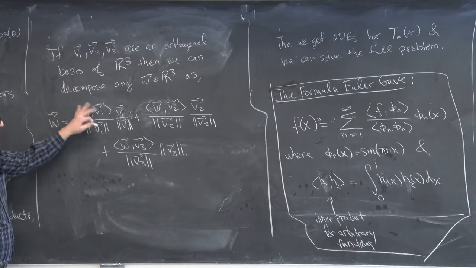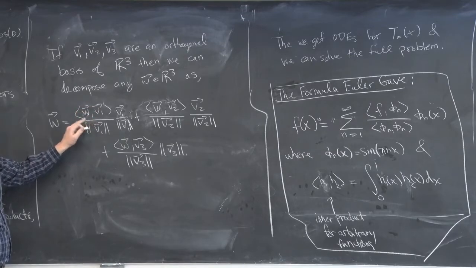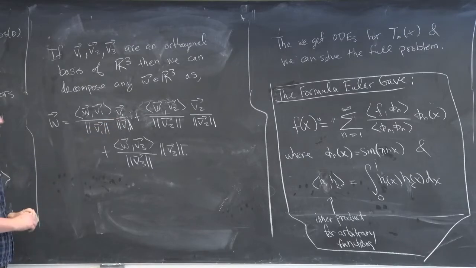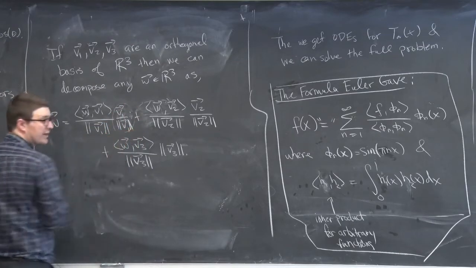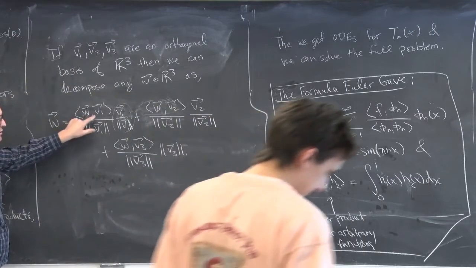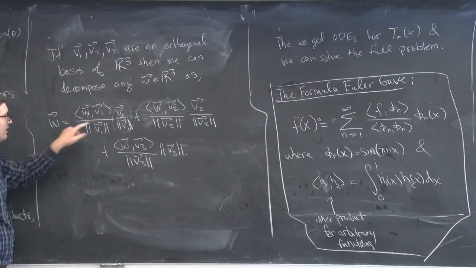So this is the amount of W that's going in the direction of this unit vector. This is the unit vector in the direction of V1. And this thing is really the inner product of W with the unit vector of V1.